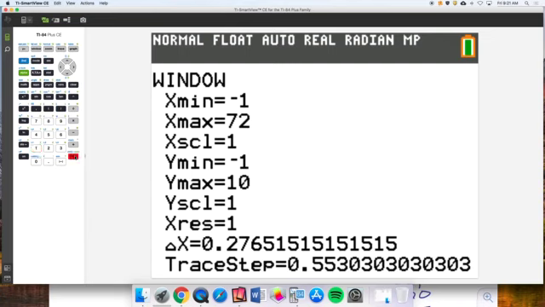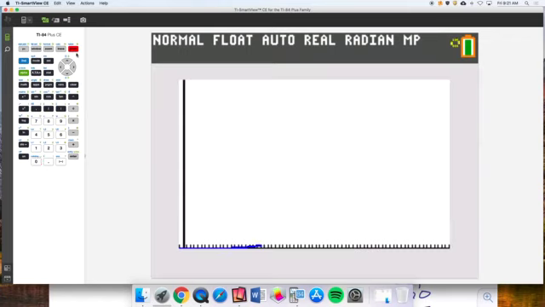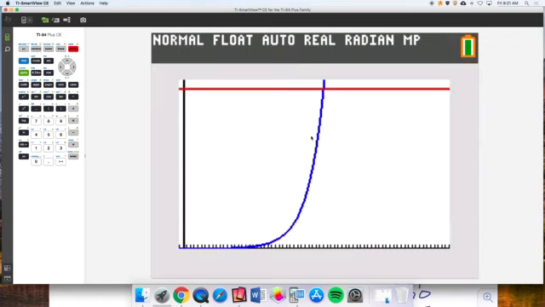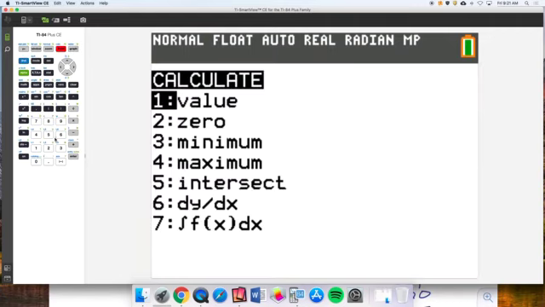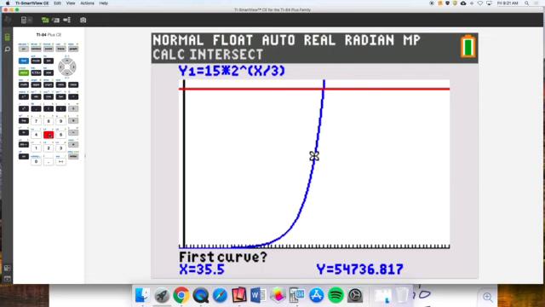Y min is -1. Now, we want to know where it intersects 95 grand, right? So let's go up a little bit above that to 100 grand or something like that, okay? And now I hit graph. Oh yeah, there it is. So now we hit second trace, number 5. There's only 2 graphs.